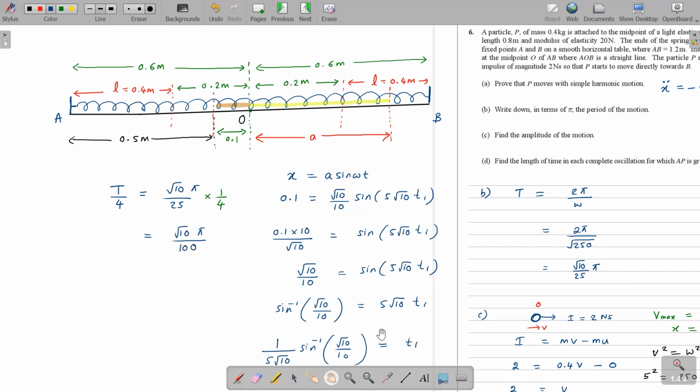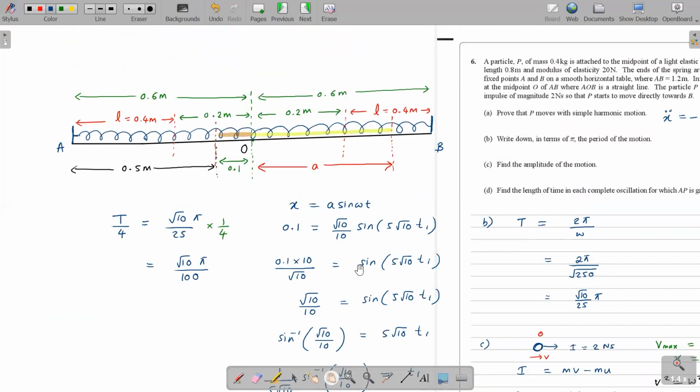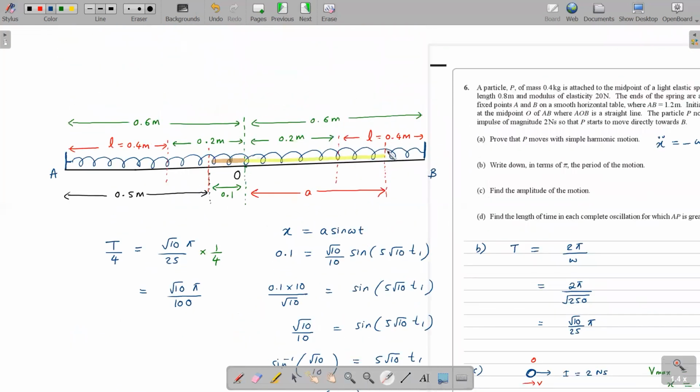Okay, so now how do you find the length of time that AP is greater than 0.5? Consider the particle coming from this corner, for instance. It comes over here, completing a quarter of the periodic time.